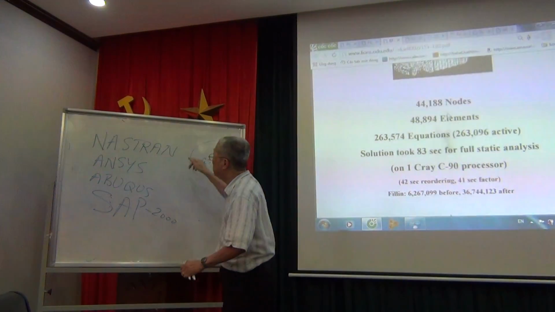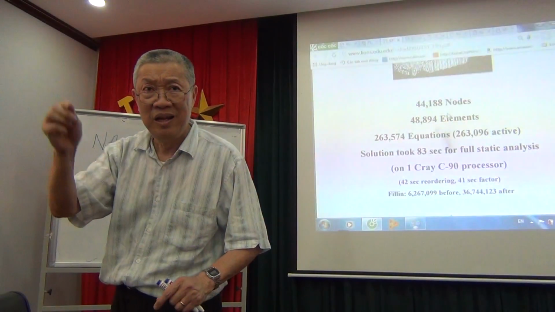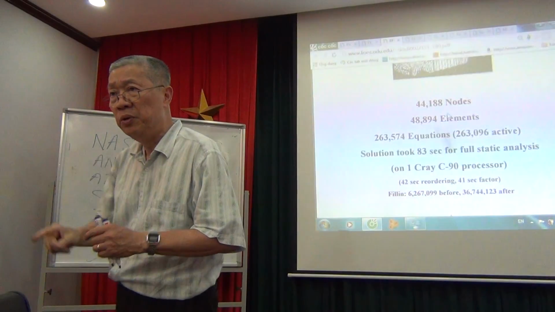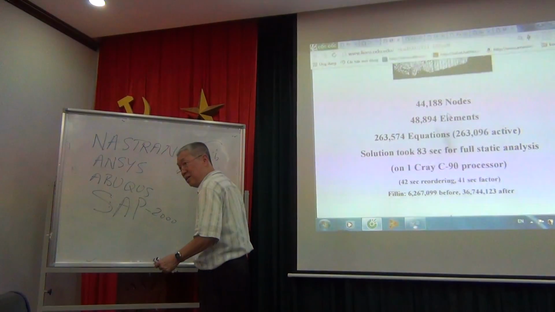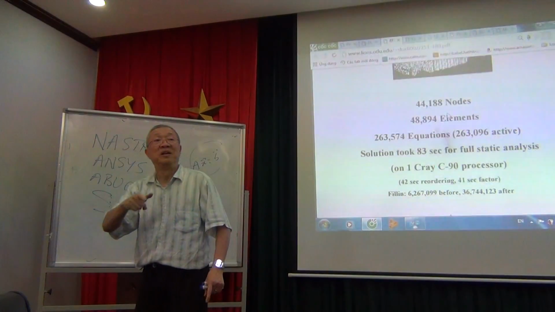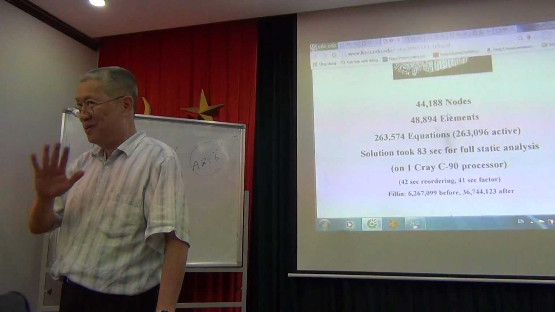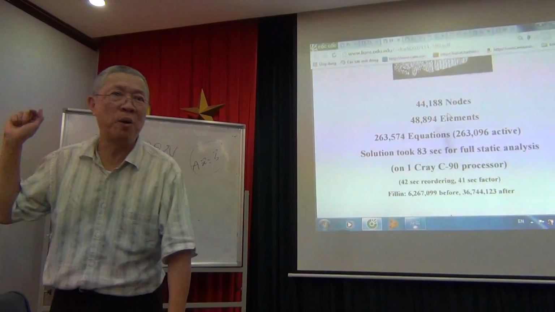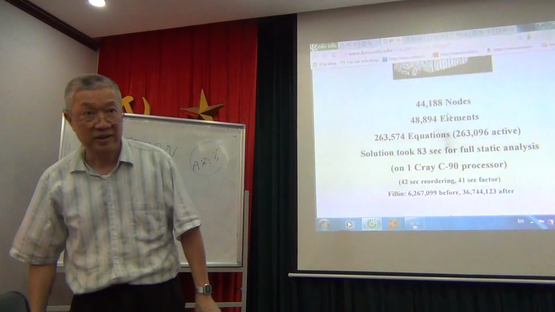If you look at the inside, I don't think you have the source code because it costs a lot of money. But I can guarantee you, whoever wrote the software, they go through the procedure that I just explained to you. Nobody will be stupid enough to solve Ax = b directly. They always go through reordering first. Okay, so I'll let you know.